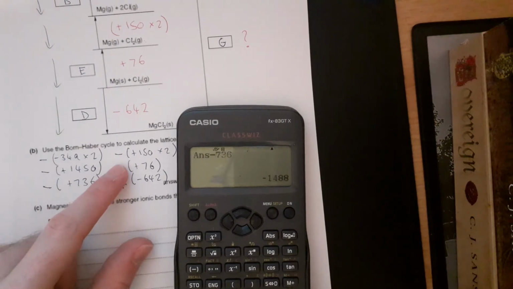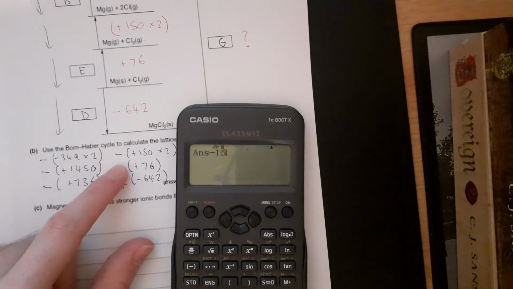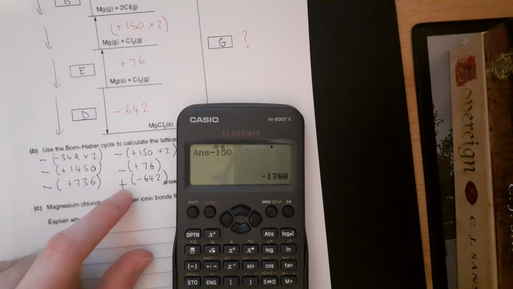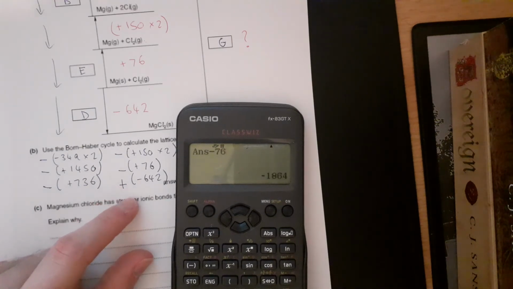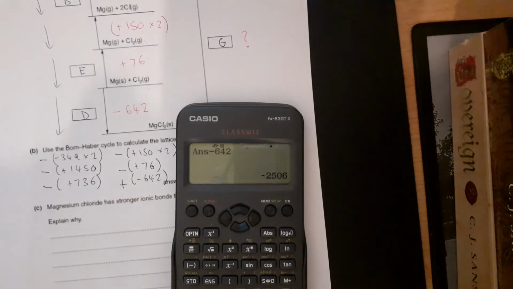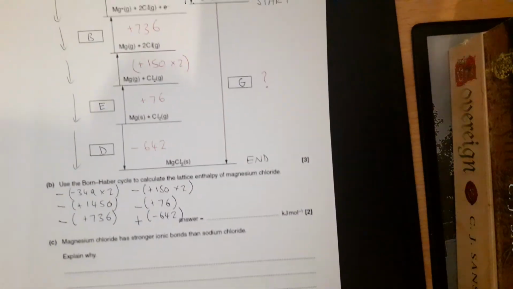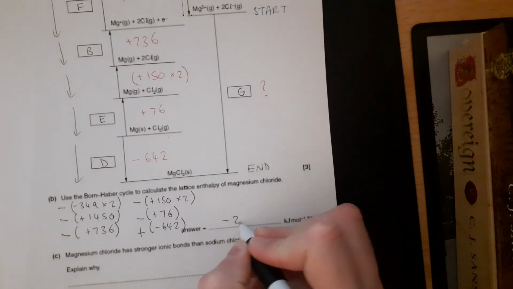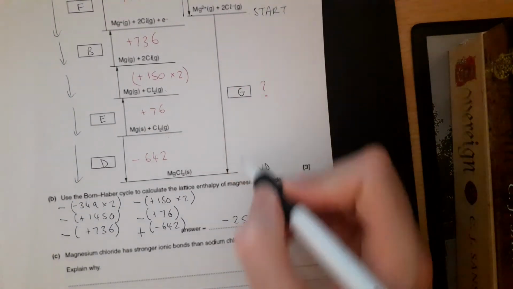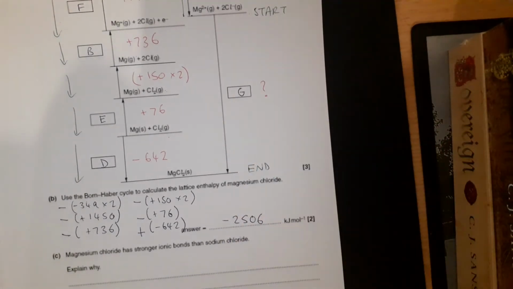We want to then do minus 150 twice. We want to do minus 76. And then we're going to do plus minus 642. So that's minus 642. And we get minus 2506, which again is a big negative number, which suggests we've done it right. It should be a very negative answer.